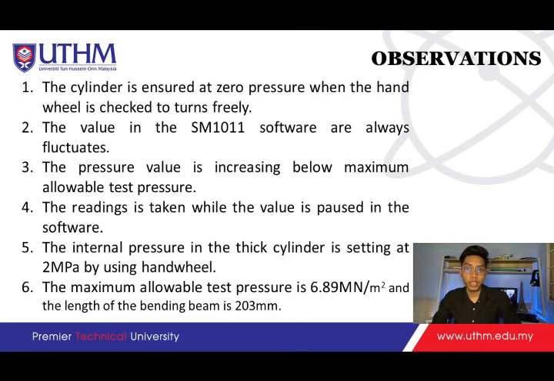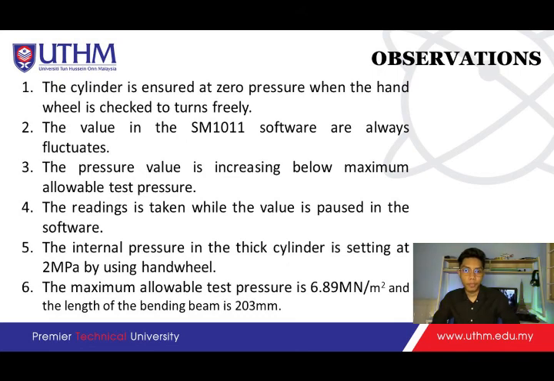Next is observation. First, the cylinder is ensured at zero pressure when the handwheel is checked to turn freely. Second, the values in the SM1011 software are always fluctuating. Third, the pressure value is increasing below the maximum allowable test pressure.